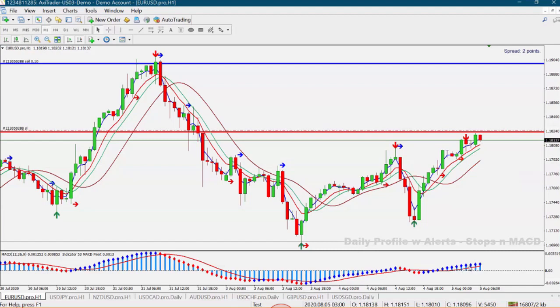It is showing that it is good strength, increasing strength, and above the signal line. So all of those things tell me that, yeah, even though the information that the algorithm is using says that price is likely to change direction, nothing else confirms that, okay?